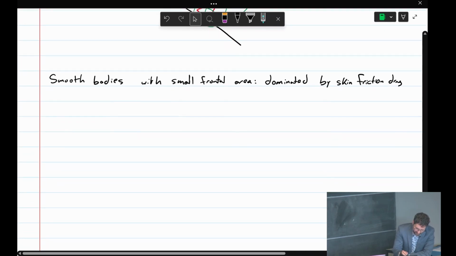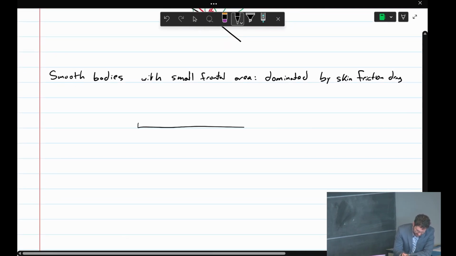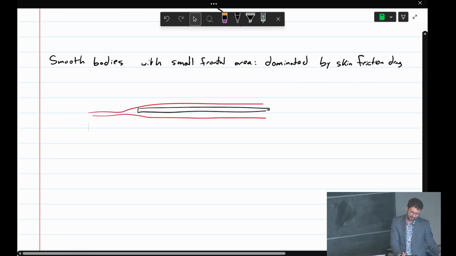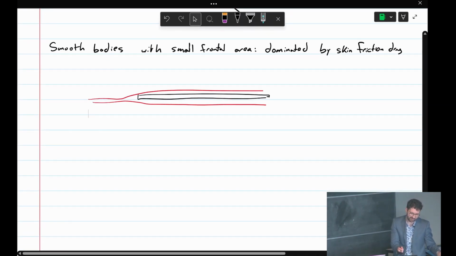For example, the flat plate that we've been studying in the last couple lectures. If you put a flat plate in a wind tunnel, the drag force is mostly that skin friction drag. It's the integral of the tangential force, which is caused by the velocity gradient near the wall.